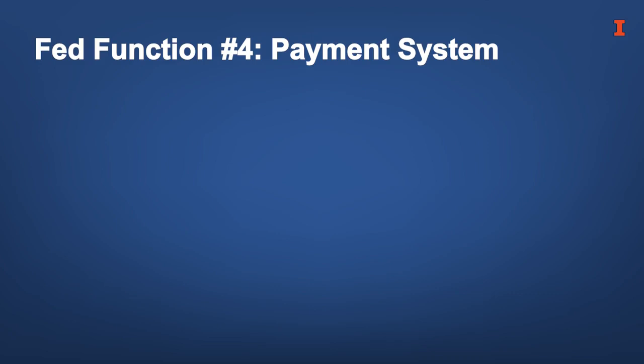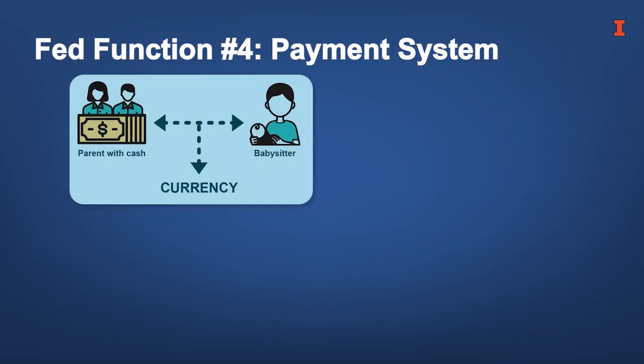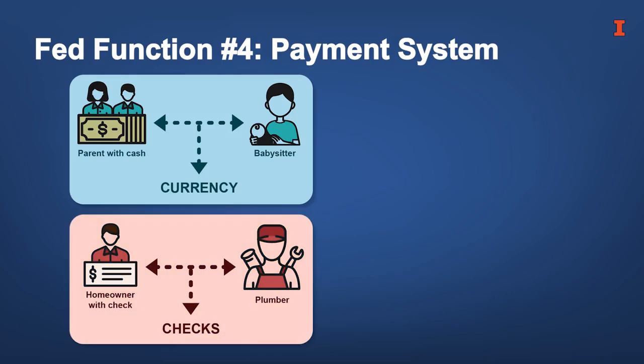The fourth key function of the Federal Reserve is to provide an efficient payment system. Currently, the Federal Reserve supports a variety of payments. This can be currency. The Federal Reserve issues paper money or cash that traditionally was used for many household transactions. The Federal Reserve also facilitates check clearing.